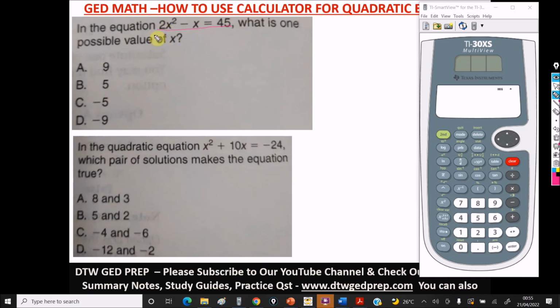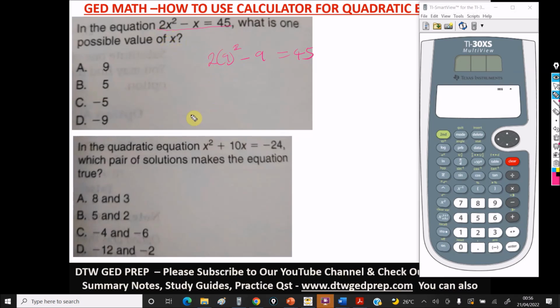For instance, let's say we're using 9, so this will be 2 times 9 squared minus 9, equal to what? 45. Let's check if this would equate to 45. Any value that equates to 45 is one possible value of x. In a quadratic equation, when you're solving for x, x would always give you two values.